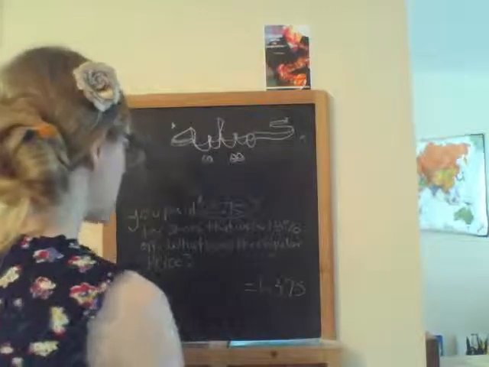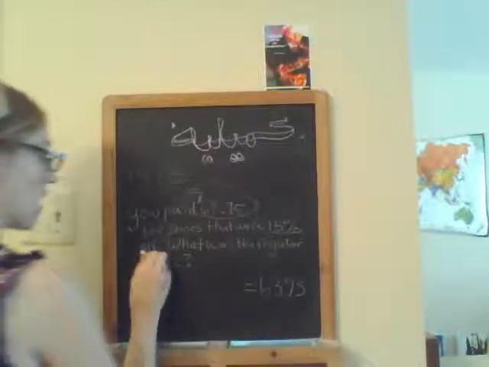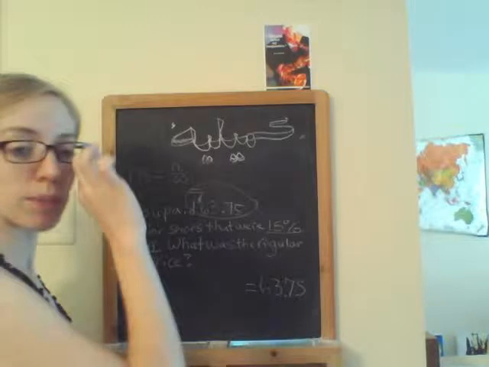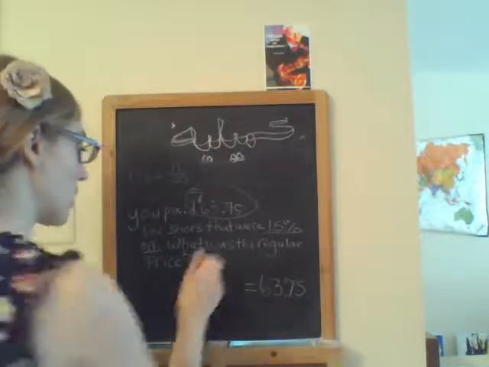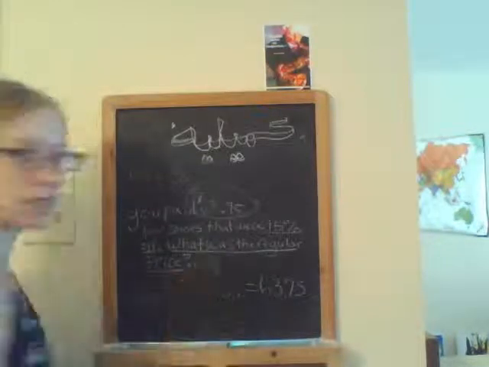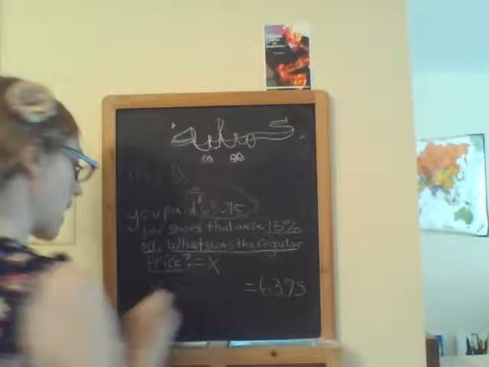And now I know the shoes were 15% off. So I know I'm going to be subtracting 15% off what the regular price is. So I'm just going to call the regular price X. So I'm going to say my regular price was X.